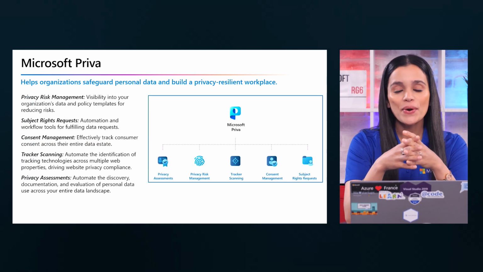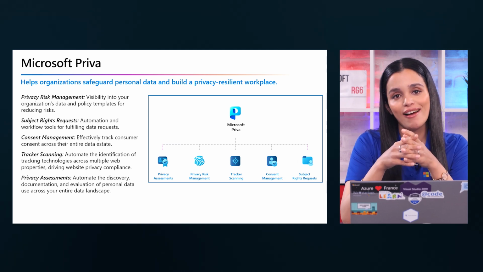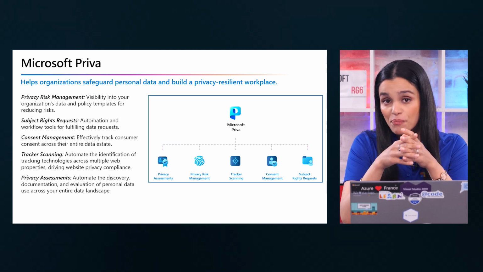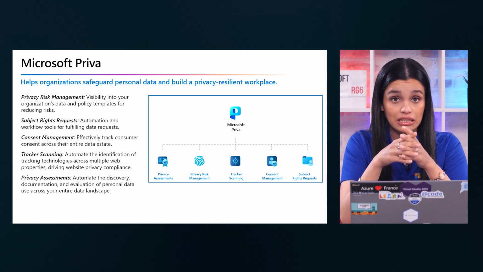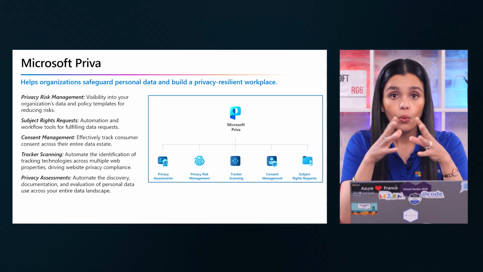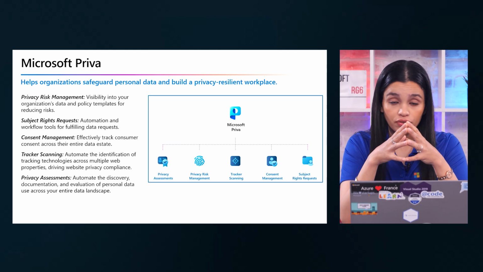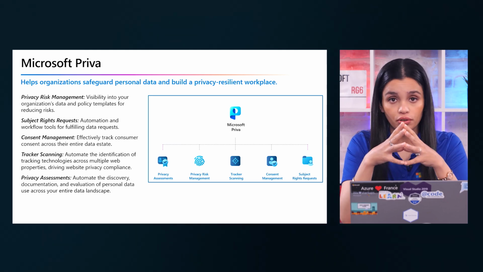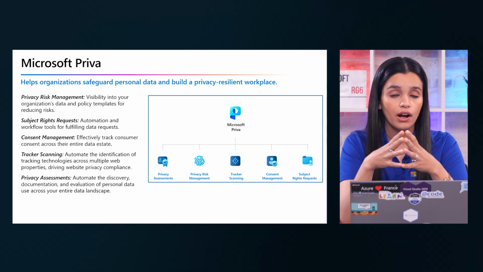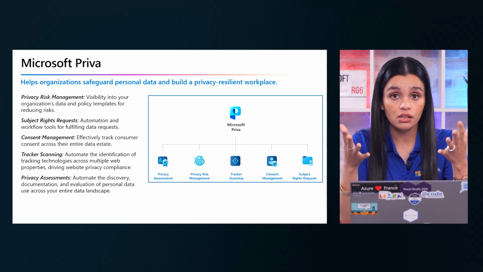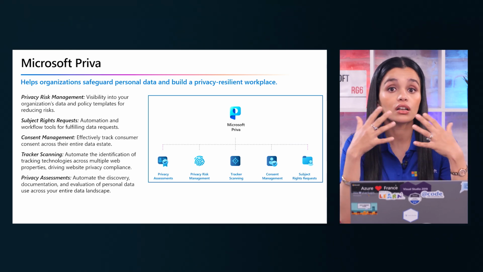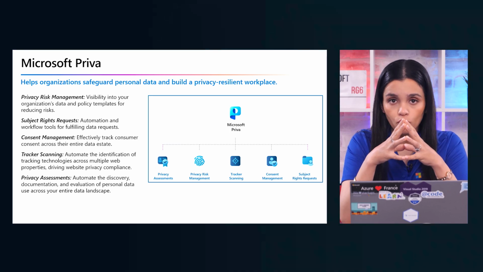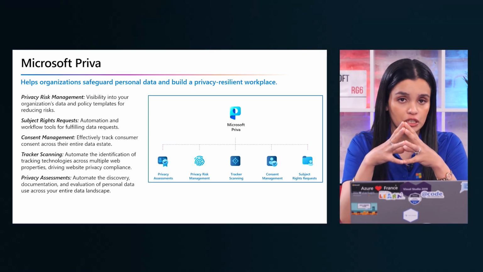All right, we have another great tool called Microsoft Priva. The important thing to keep in mind is that the Service Trust Portal is available to anyone, whether they are at Microsoft or a Microsoft customer or not. But Microsoft Priva will only be available to customers with a Microsoft 365 role of global admin or a similar role with the appropriate permissions.